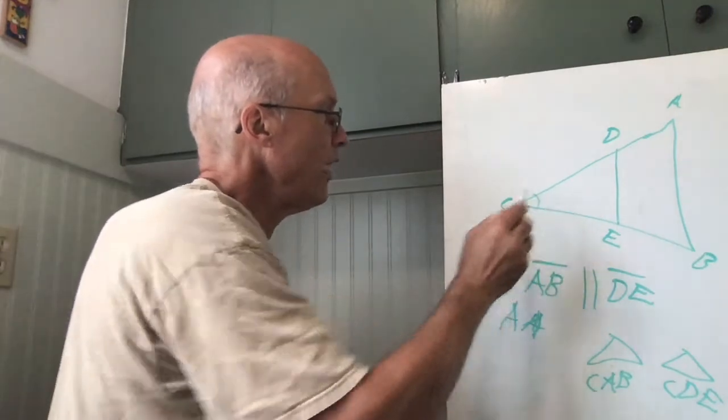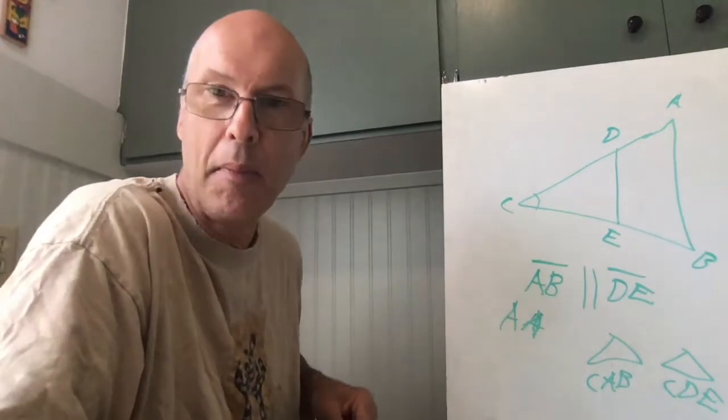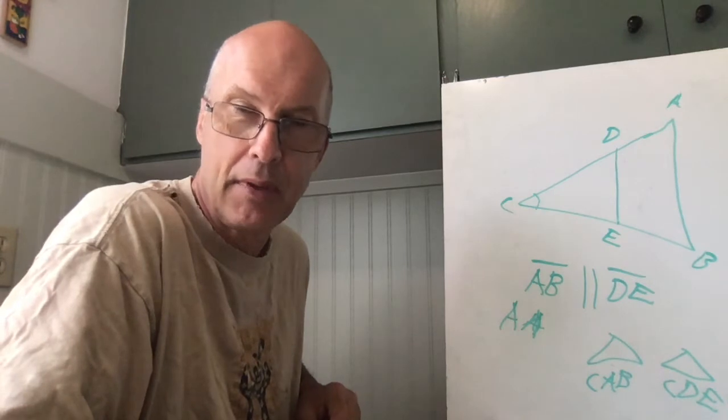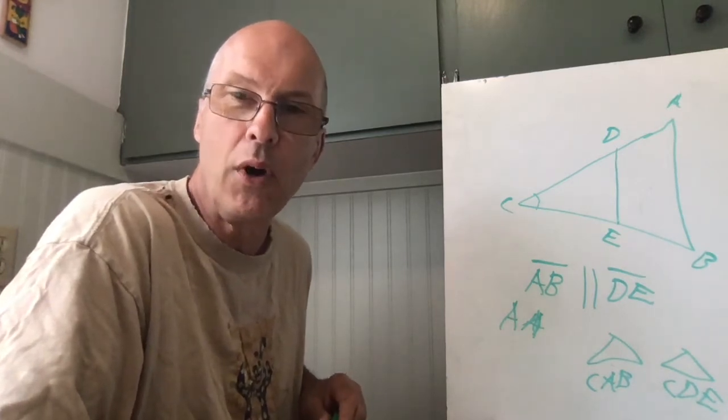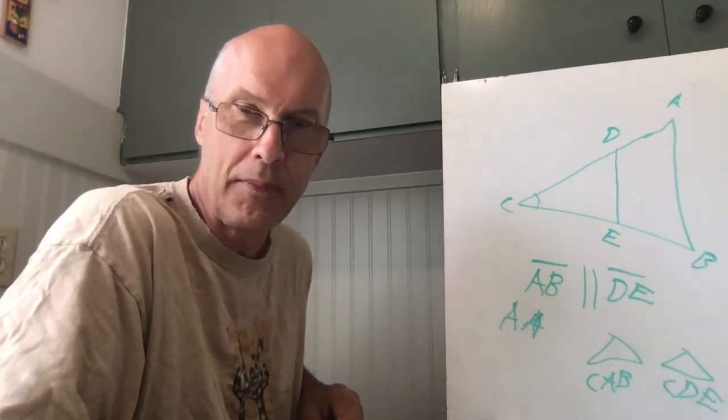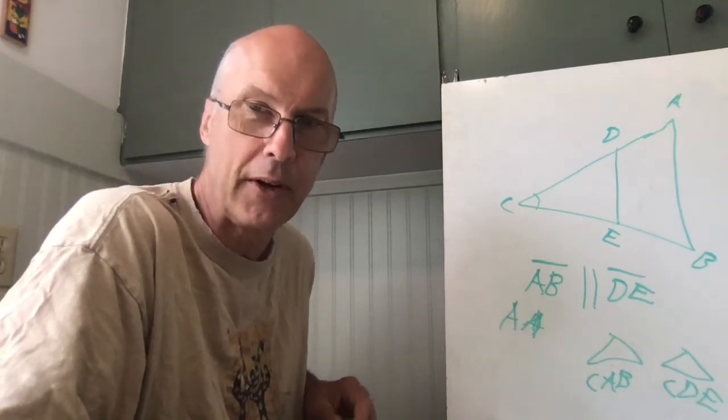Can you see that they're going to have one angle the same automatically? It's angle C. Now if we can just prove that one other angle is the same, then we can prove that those triangles are similar.